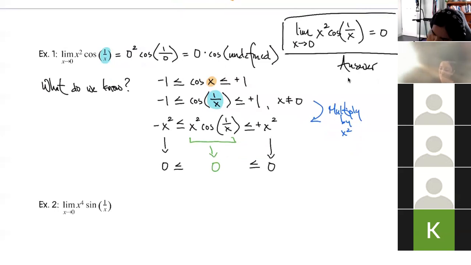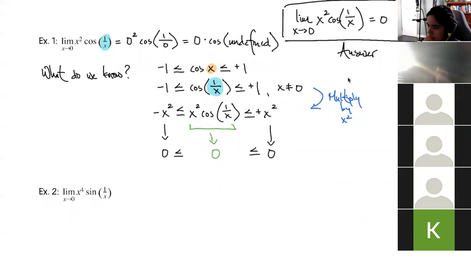All right. So for example 2, we have x squared sine of 1 over x. And knowing what we did from before, the first thing we did was plug in our values and see what happens. Okay. So let's go ahead and do the same thing here. If I plug in 0, I'll get 0 to the 4th sine of 1 over 0.